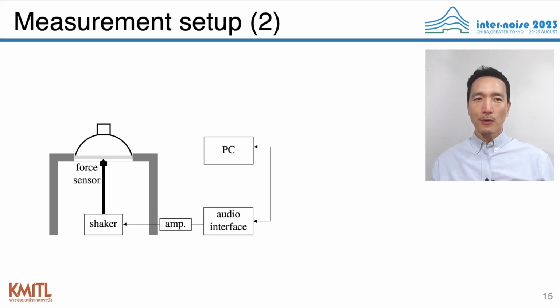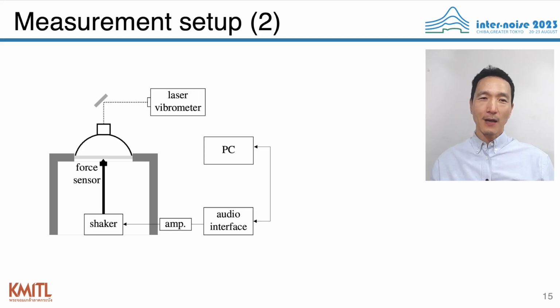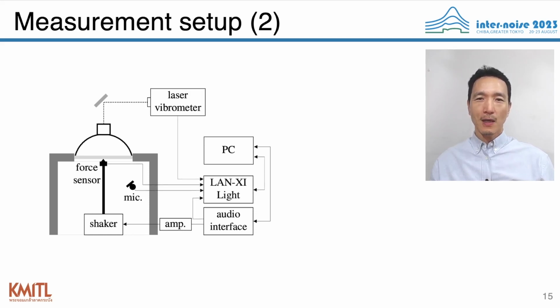And the input force was measured by a sensor. The velocity on the membrane was recorded by a laser vibrometer, and the sound produced by the membrane was also recorded by a free-field microphone. And all these sensor signals were captured by a dedicated interface which was controlled on the PC.